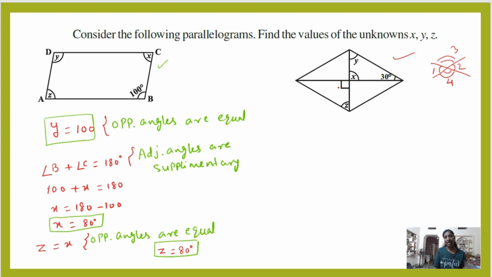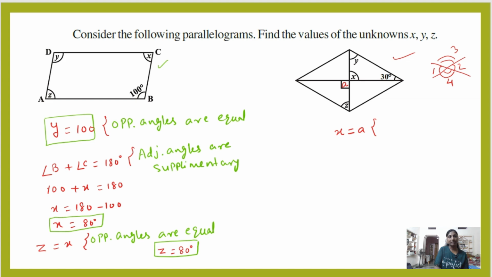So here we can see that the diagonals of a parallelogram intersect here. Here we have x, and we can name the opposite angle A. So x and A are vertically opposite angles, so x is equal to A. What is the reason?